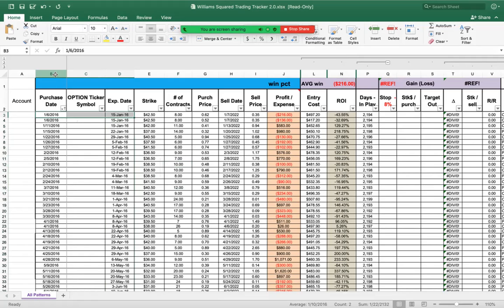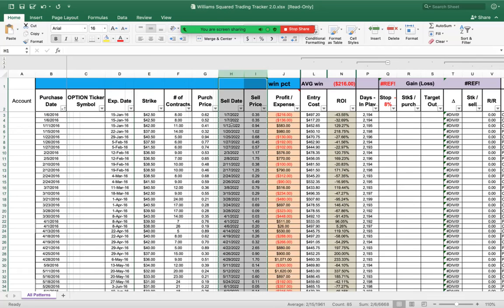This has the purchase date. This column would be the expiration that I selected in onDemand. This would be the strike price that I picked. This would be how many contracts I purchased. And this would be the purchase price of the contracts on the purchase date. So: date that I bought, expiration, strike, number of contracts, purchase price.